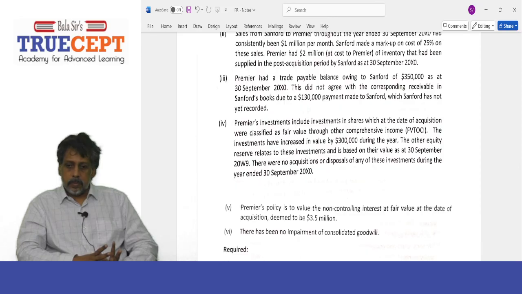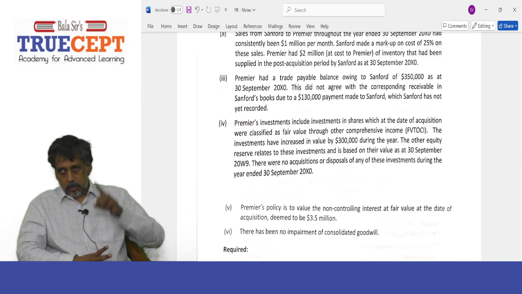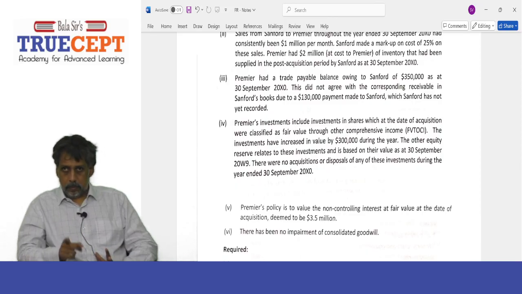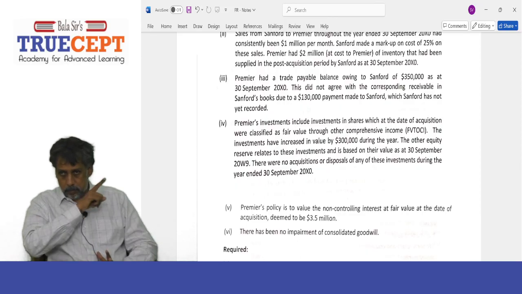Premier's investments include investments in shares classified as fair value through other comprehensive income, FVTOCI. The investments have increased in value by $300,000 during the year. The other equity reserve related to these investments is based on their values as at 30th September 20W9.